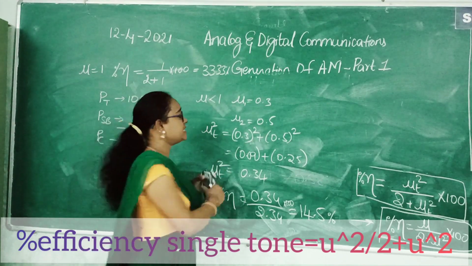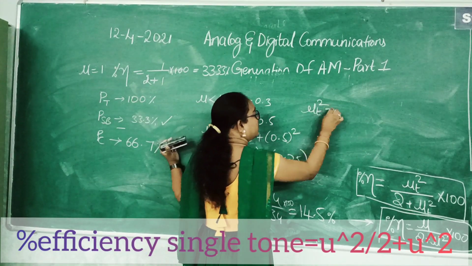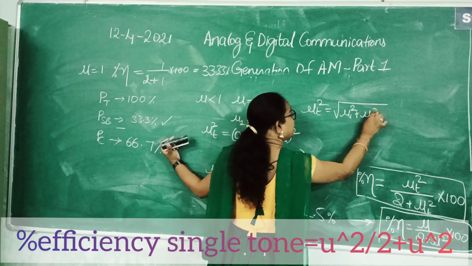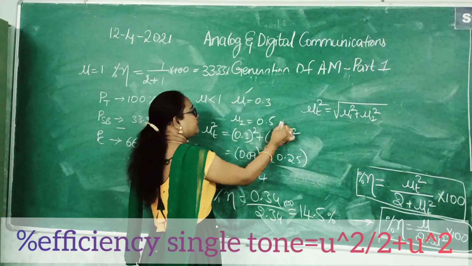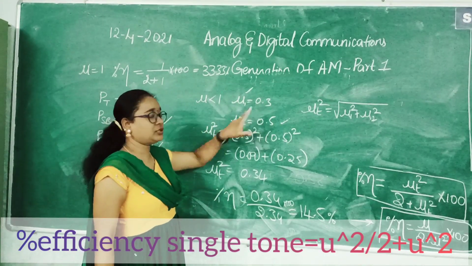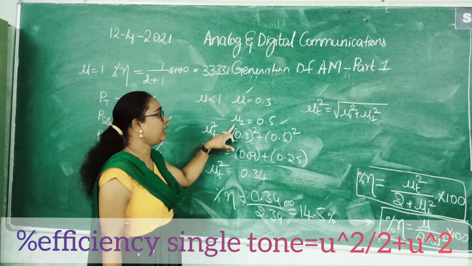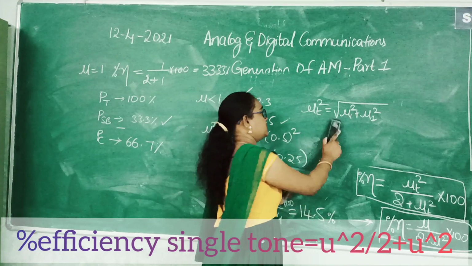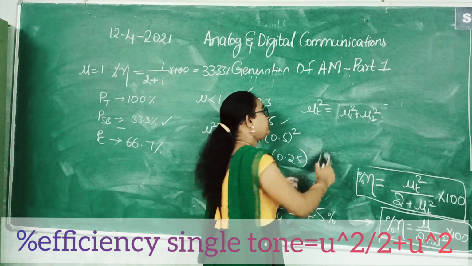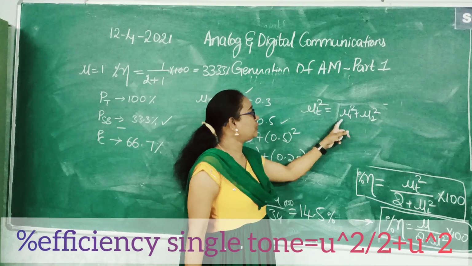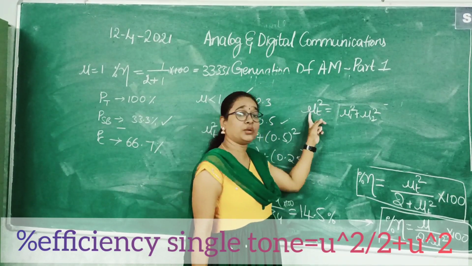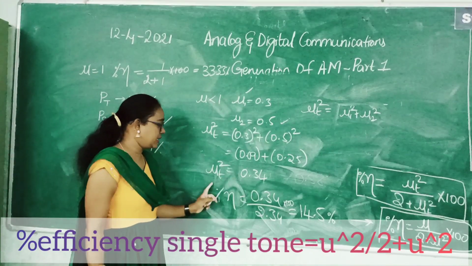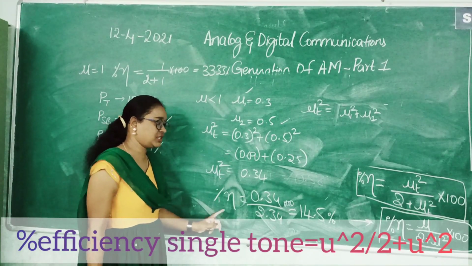Mu t square is equal to mu 1 square plus mu 2 square. Why am I taking only 2? Because in the given problem they asked about the two modulation indices, mu 1 and mu 2. The root will not be there for mu t square, whereas mu t is root over mu 1 square plus mu 2 square.